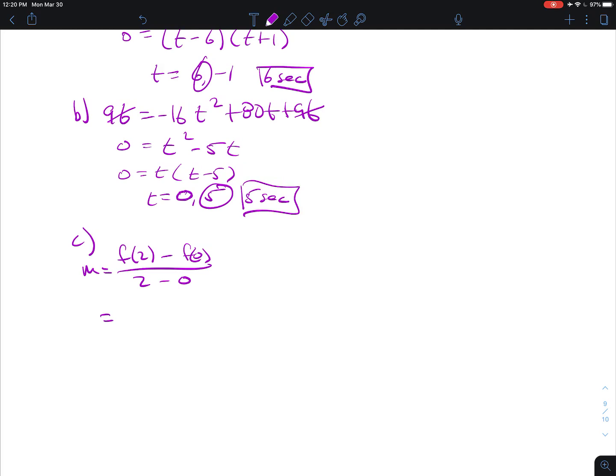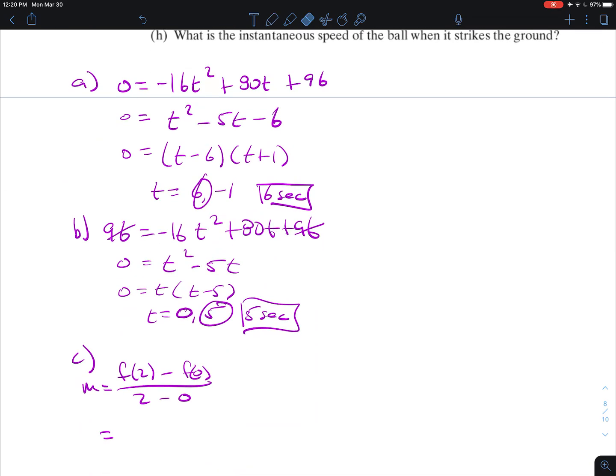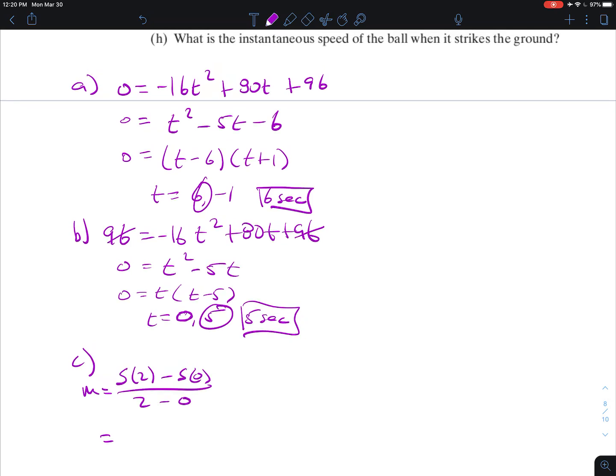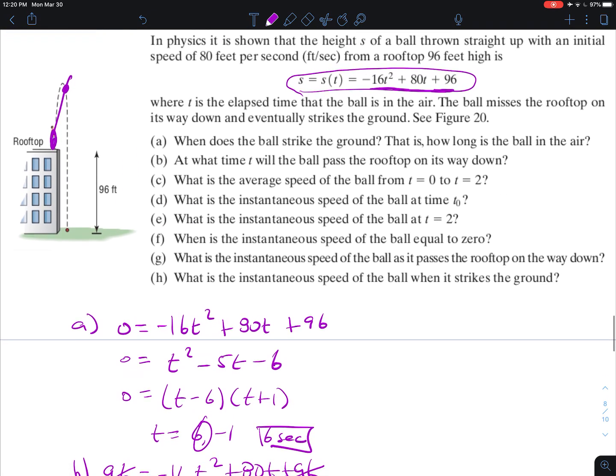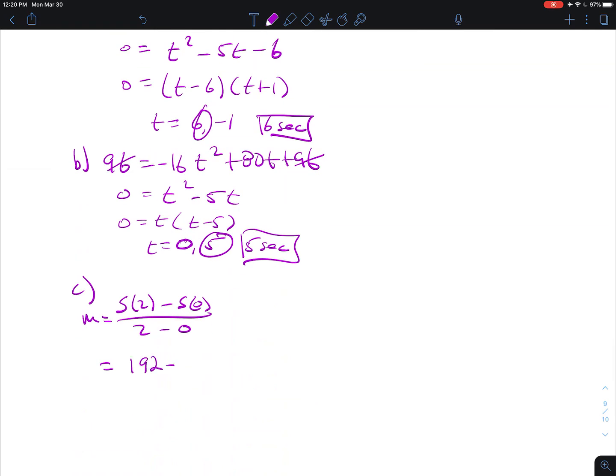If I plug a 2 into our equation, I get 192. And if I plug in 0, I get 96, which we knew. Over 2 minus 0, so I get the slope equals 48. And that's going to be in feet per second as an average rate of change.